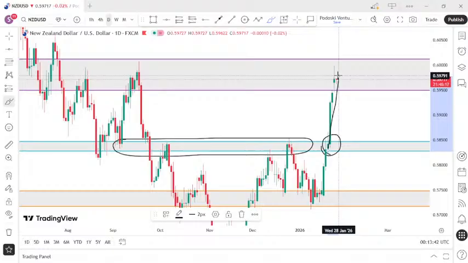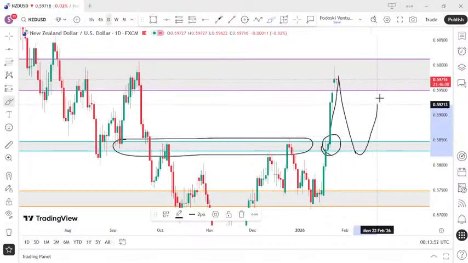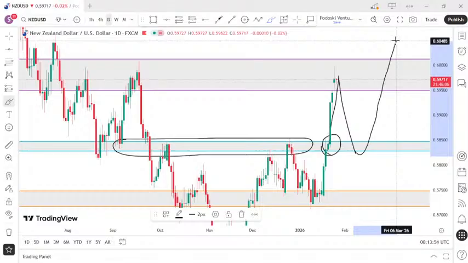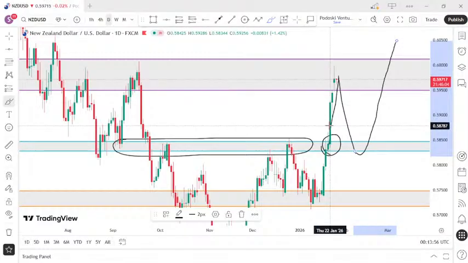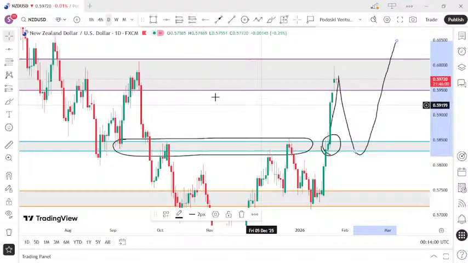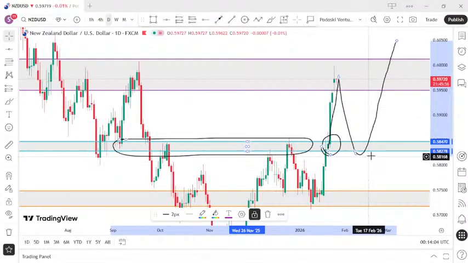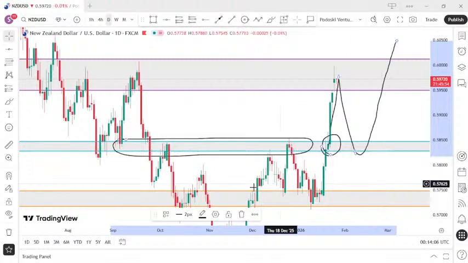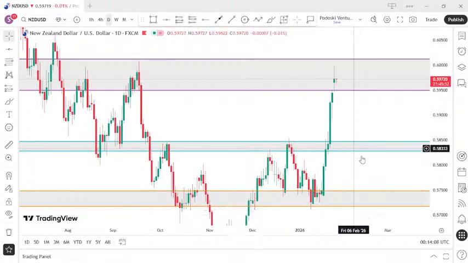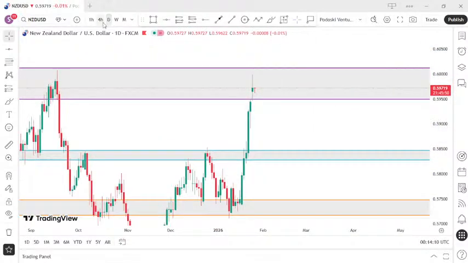And I said something earlier, whenever the market breaks out of a valid supply or a valid demand zone, it always comes back for a retest. Then after the retest, you start going in the rightful direction. So if we know that, all we have to do is wait for price to come back for a retest. After the retest, then we buy again on NZD USD. So that is exactly what you are going to do.